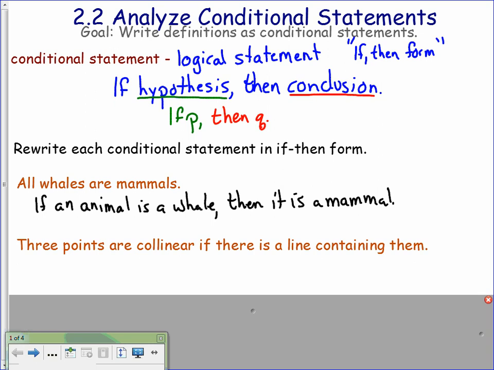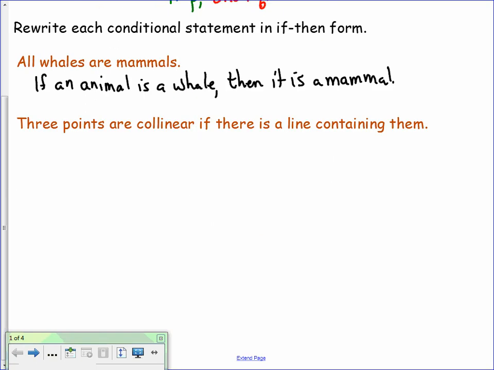Sometimes you will have a statement where the if is already in it. For example, 3 points are collinear if there is a line containing them. So we know that if there's a line containing is going to be our hypothesis. Now, we aren't going to directly take this as we see it. We can't use the pronoun them, so what is them describing? The 3 points.